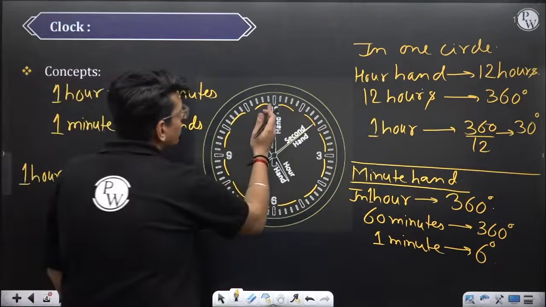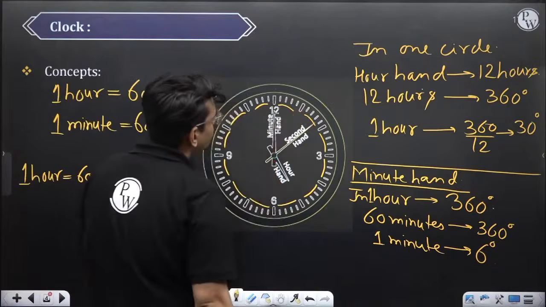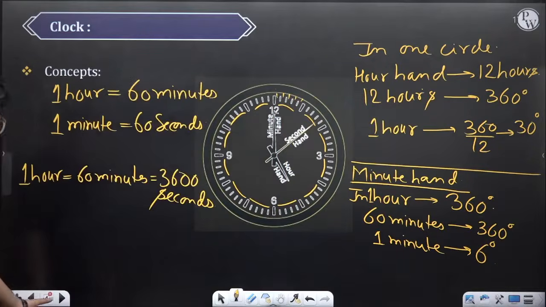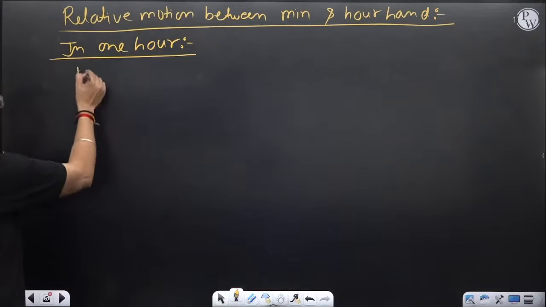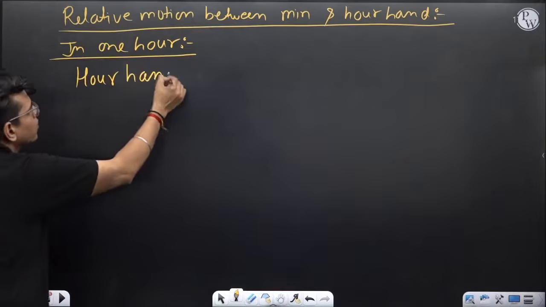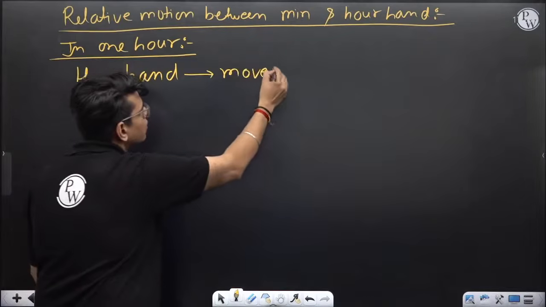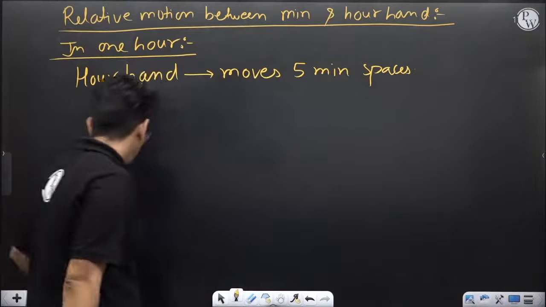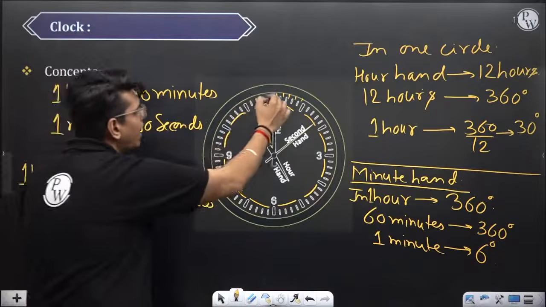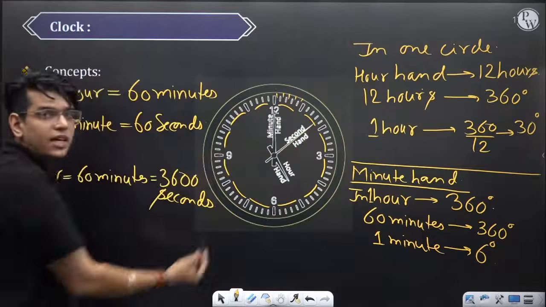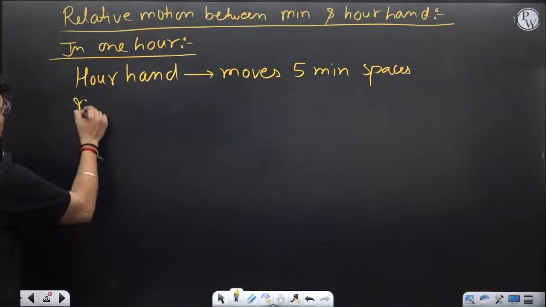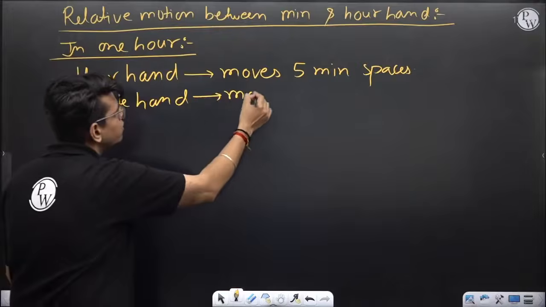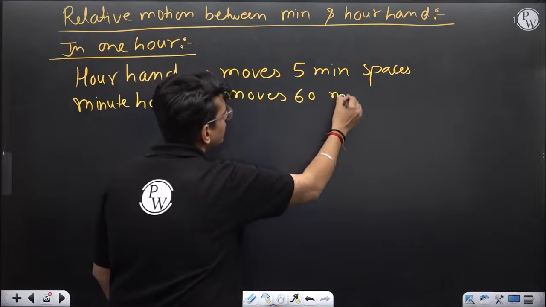At 1 o'clock, the hour hand will move from 12 to 1, which is 5 minute spaces, right? 1, 2, 3, 4, 5 minute spaces. So in 1 hour, the hour hand moves 5 minute spaces. Also, in 1 hour, the minute hand moves the complete circle, which is 60 minute spaces.